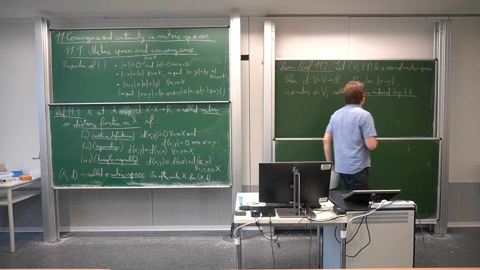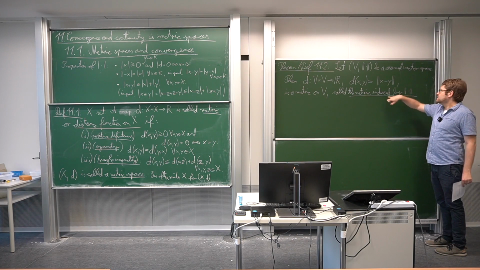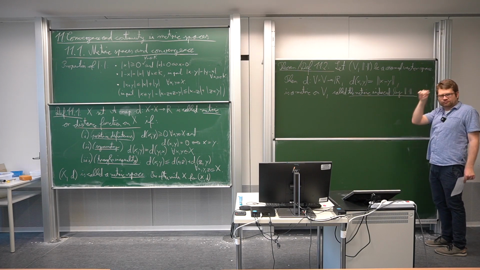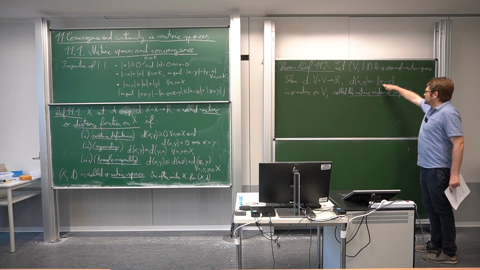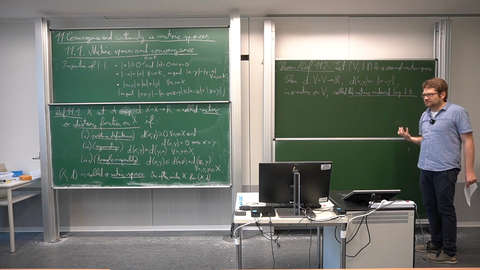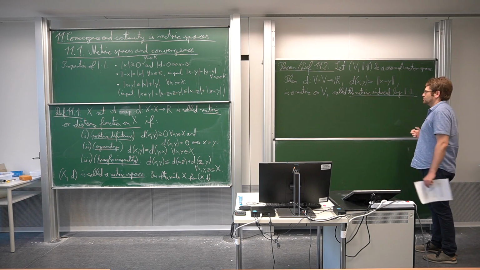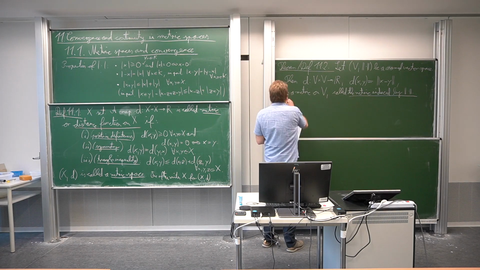Geometrically, keep in mind, if you have two vectors x and y, this vector x minus y is the difference vector, the vector connecting those two. So what the norm does is measure the length of the difference vector. In this way it also geometrically generalizes what we consider as distance and length. Okay, so let's prove this.